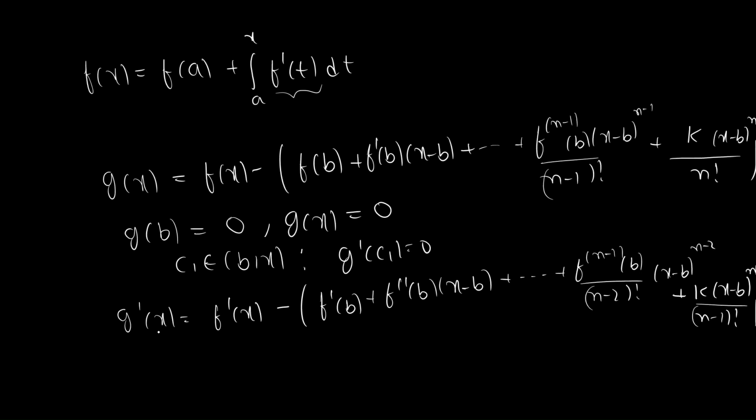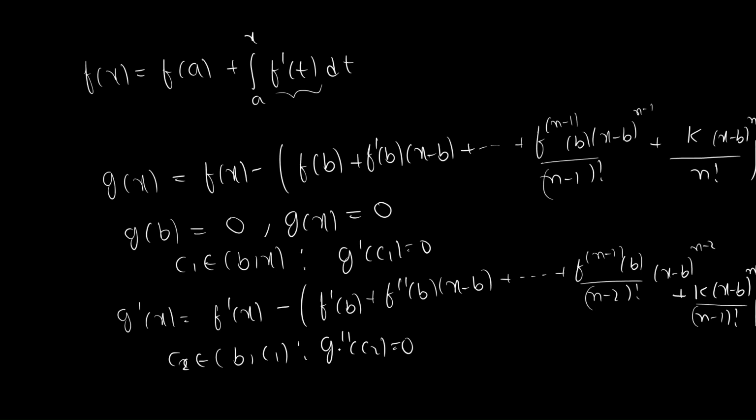Now if I substitute b again in place of x, I get f'(b) - f'(b) = 0, and if I put b in place of x - b, all these terms go to 0, and I get g'(b) = 0. And from Rolle's theorem, we already know that g'(c1) was 0. Now there will exist c2 in between b and c1 such that g''(c2) = 0.